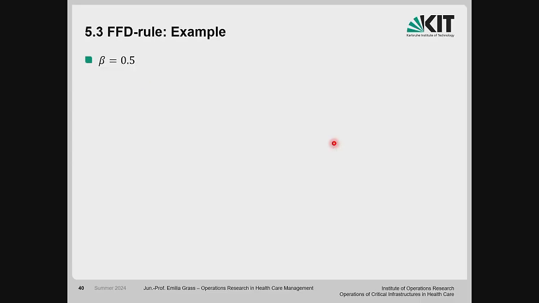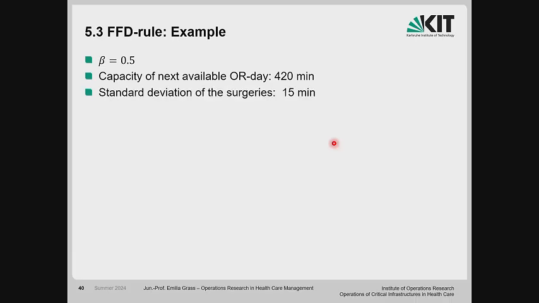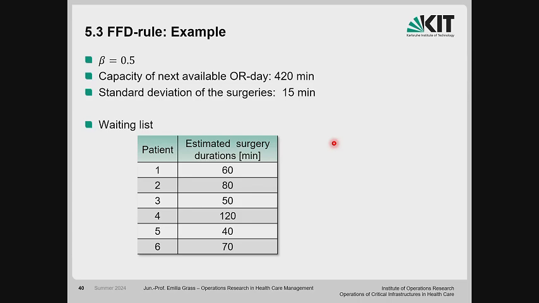So an example maybe. We have again a beta of 0.5, a capacity which is available for 420 minutes, so 7 hours, so we have an operating day. And all the surgeries have a standard deviation of 15 minutes. Then we have the waiting list.